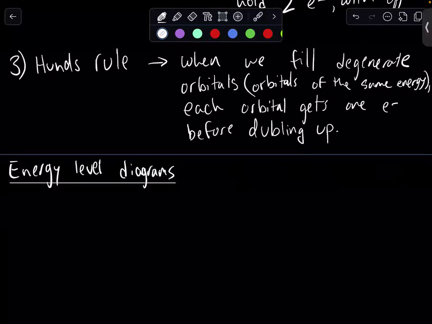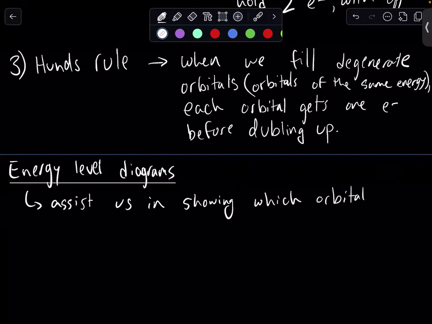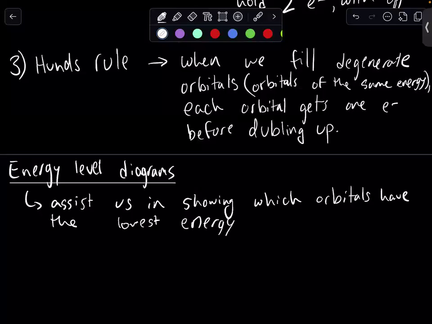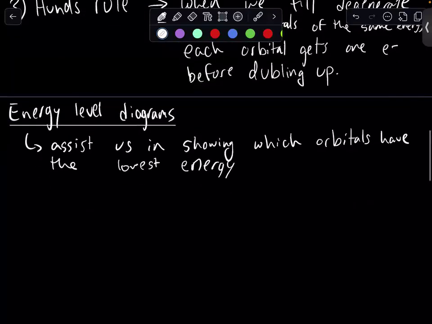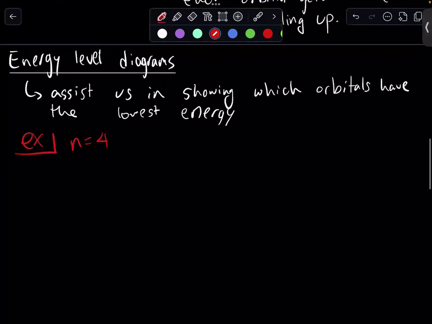And we noticed that 1 was always lowest, but we can use energy level diagrams to assist us in showing which orbitals have the lowest energy, especially when we have different sublevels too. So this will help us with s, p, d, and f. A good example might be n equals 4, the fourth main energy level. So we have our energy on our y-axis again, and we have our orbitals.